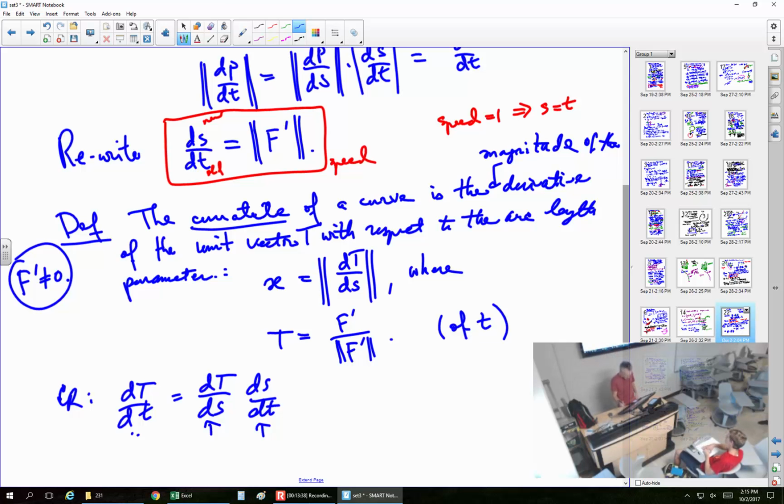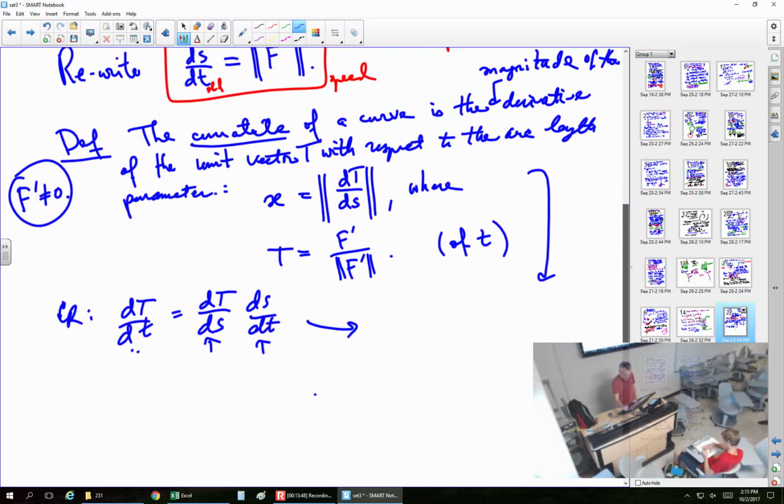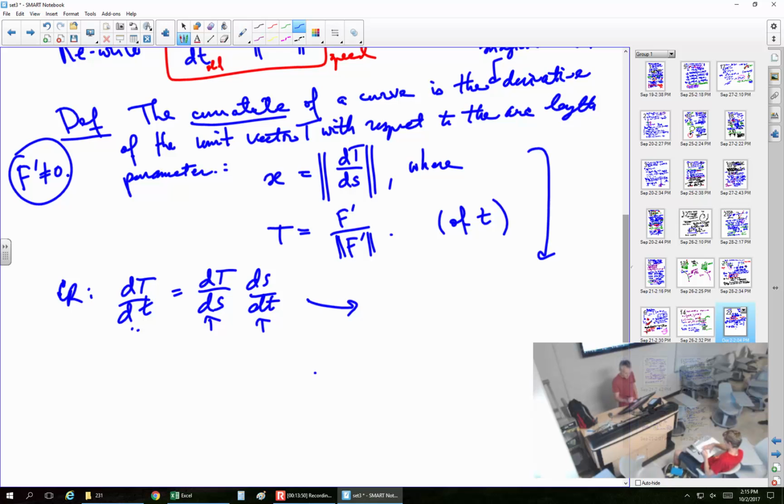Okay, so then I can just rewrite, take these two together, and what do I get? I get the formula for the curvature as a function of t. So I take the curvature. Let me just go through this, dT/ds.